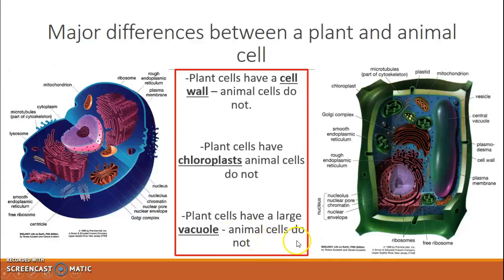Animal cells do not. We'll focus more on this tomorrow, but I wanted to preview this so you have an idea. Okay, so again, plant cells have a cell wall on the outside. Animal cells don't. Plant cells have these green chloroplasts. Animal cells don't. Plant cells have this large vacuole, where animal cells do not.